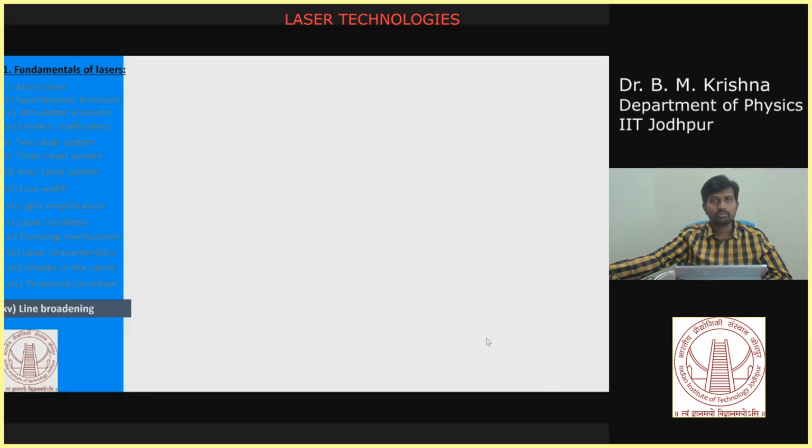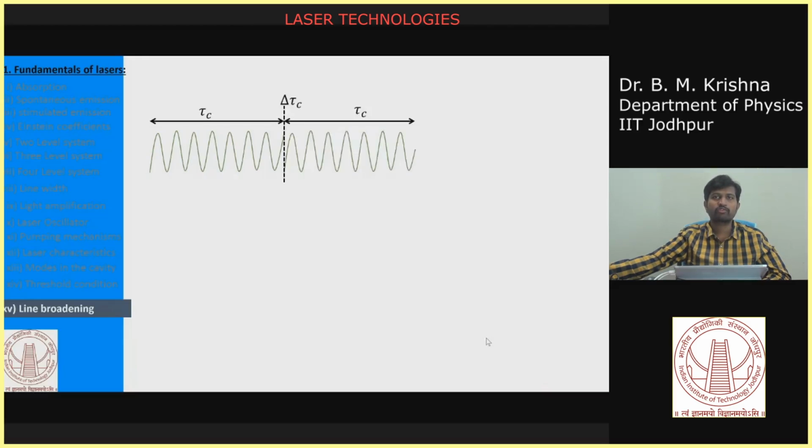Okay. Why do I say random? You will see. This Tc is a time interval between your two collisions. Now this is your frequency of radiation. As you see, at the collision time, your phase is completely random. All of a sudden the frequency is changing; it is a random frequency.